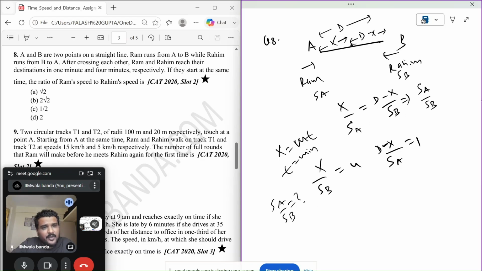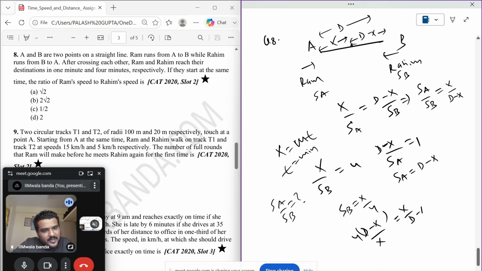So SA upon SB is equals to X upon D minus X. And can I write SB as X by 4, SA as D minus X? I'll get some equation. Or I can get SA upon SB also. But let's see. D minus X upon X by 4 is equal to X by D minus X.